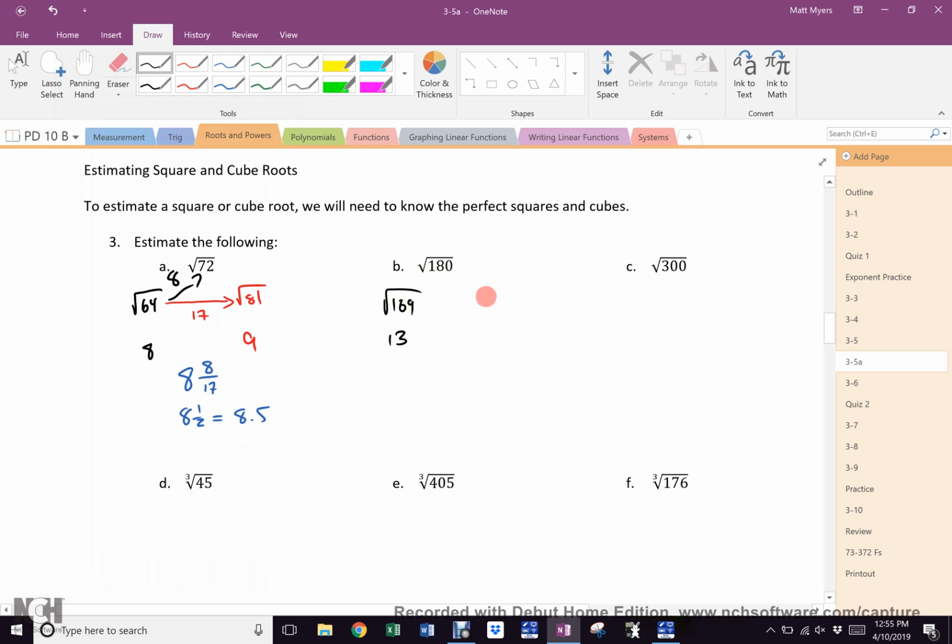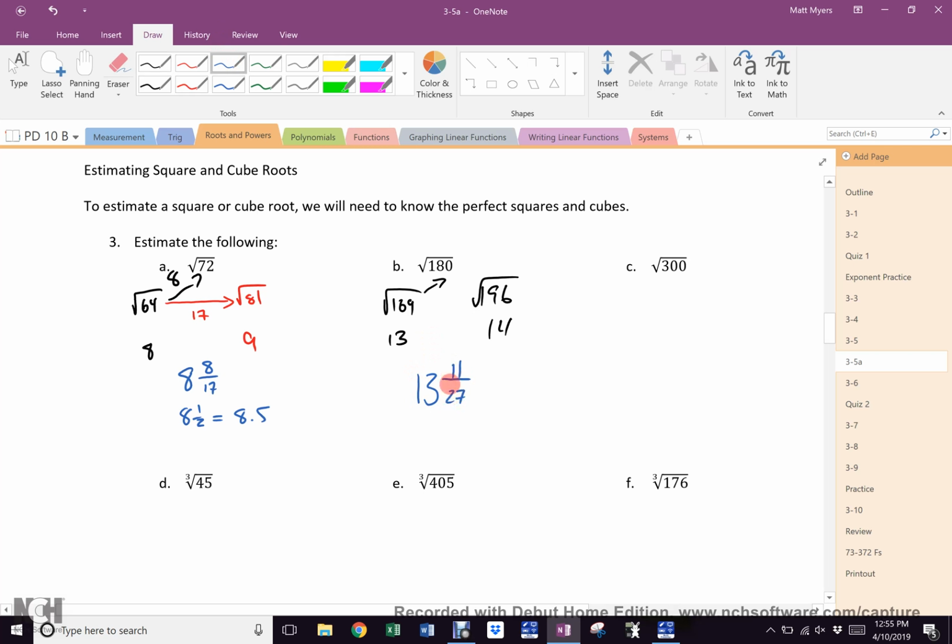169, which is 13, and 196, which is 14. So, how many steps was that? 11 out of a possible 27, right?